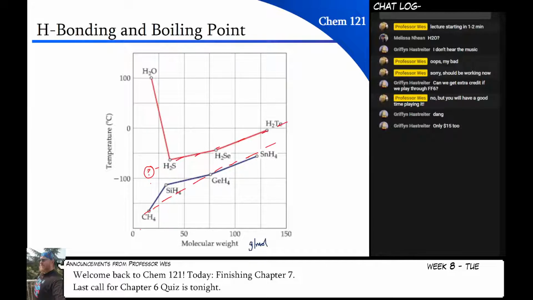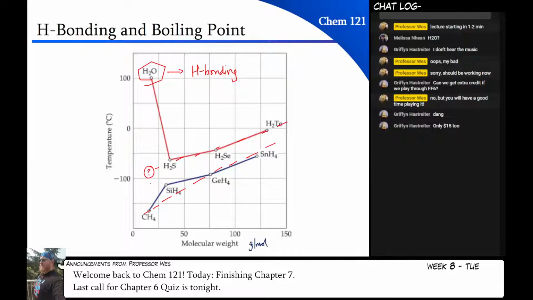The reason that water has such a high boiling point is because water can stick to itself extremely effectively through hydrogen bonding. And so, water molecules stick to each other effectively, and it pushes their boiling point up way higher than we'd expect, by 200 degrees Celsius, from negative 100 to positive 100.